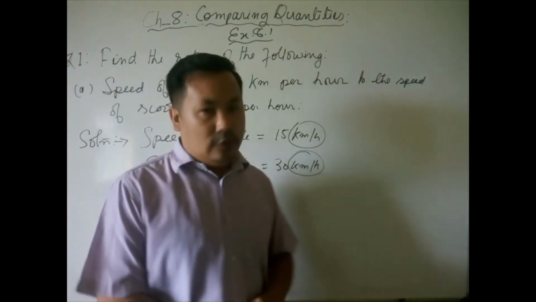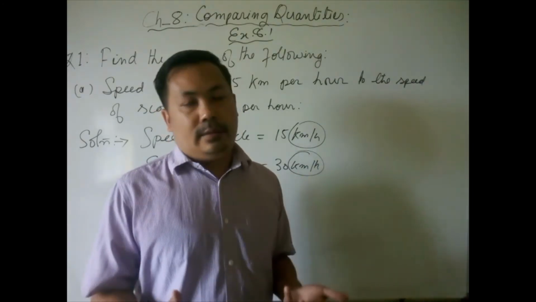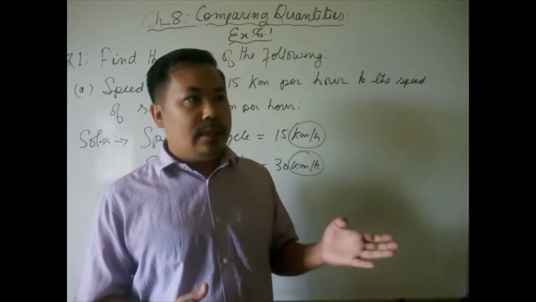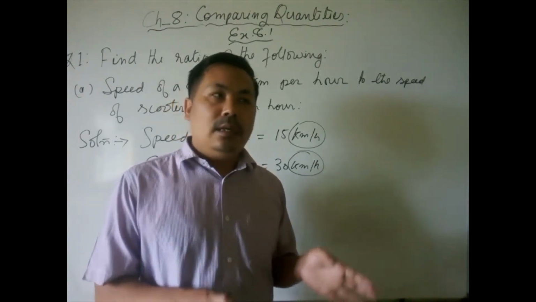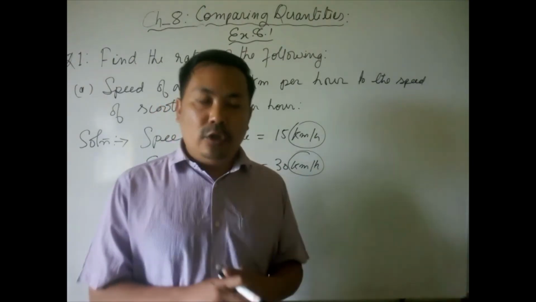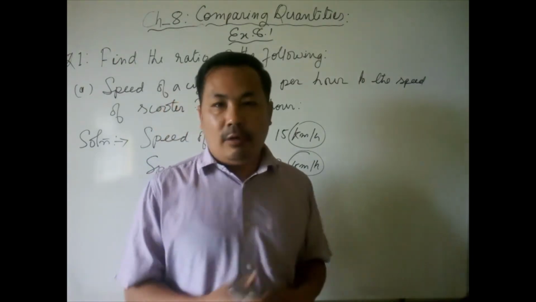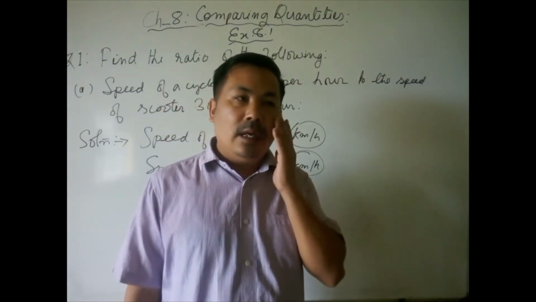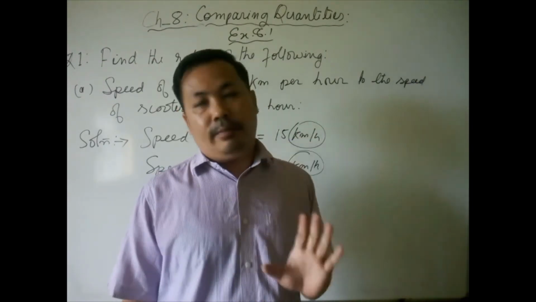But here we have the same unit. Kilometer per hour, kilometer per hour. It's okay, we can compare. But if one is meter and one is kilometer, then we cannot compare. We have to convert the meter to the kilometer or kilometer to the meter. But when you convert into the same units, always remember that converting the bigger unit to the smaller unit is the best method.